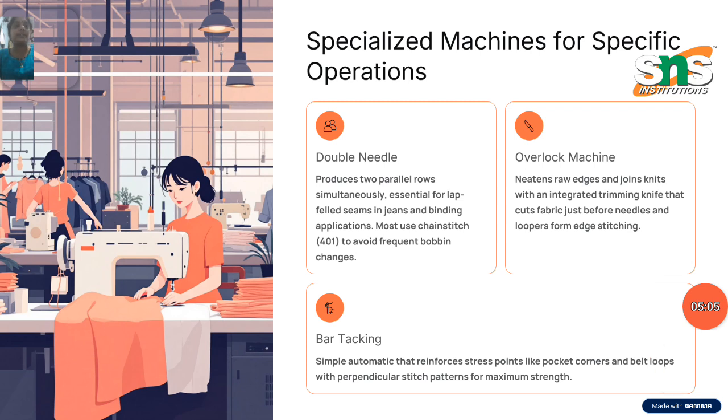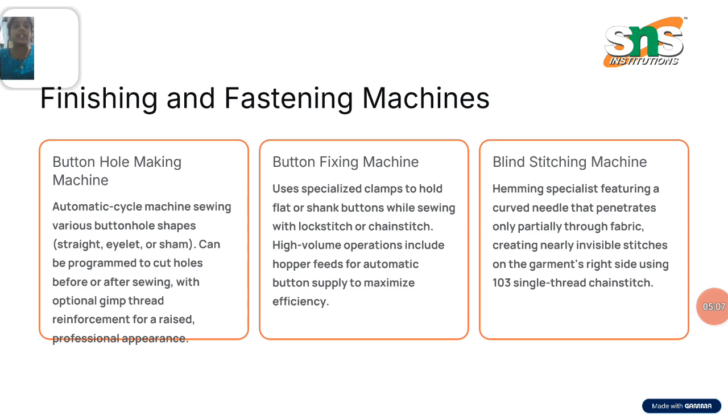The next one is finishing and fastening machines: the buttonhole making machine, button fixing machine, and blind stitch machine. These are used for finishing and fastening.